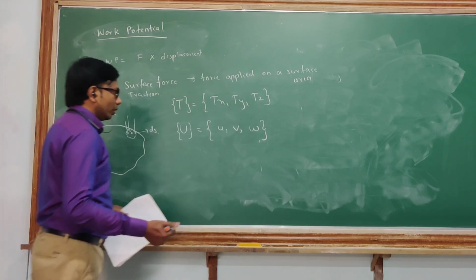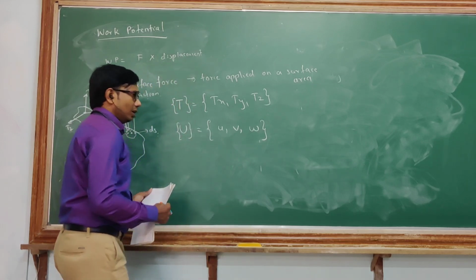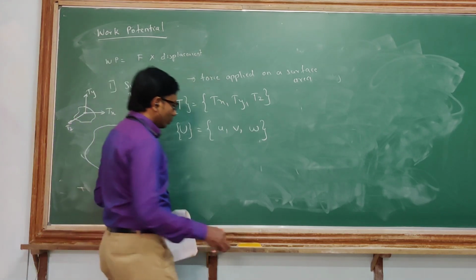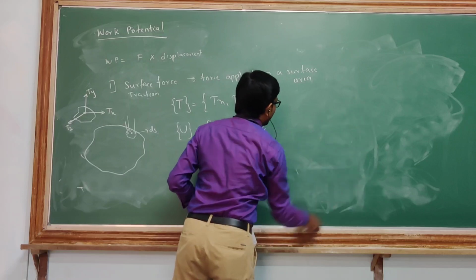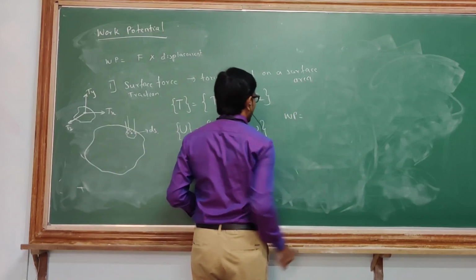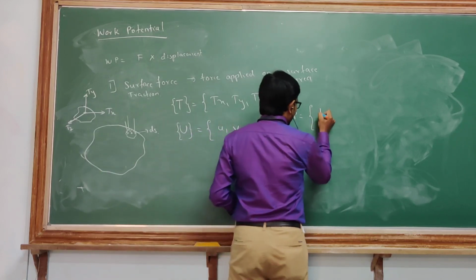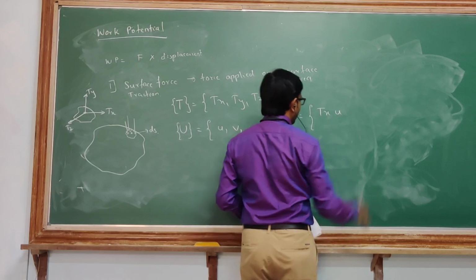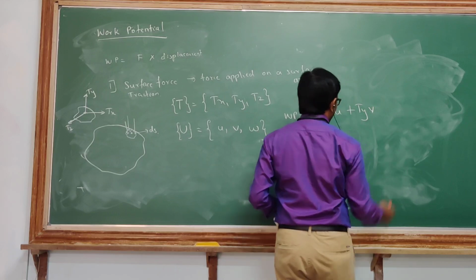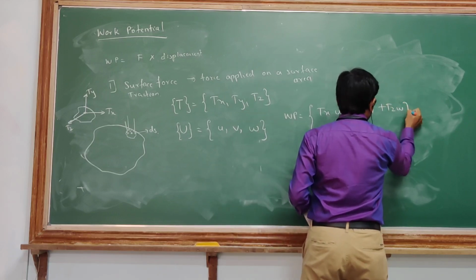Next, I will use the work potential equation. Work potential is nothing but force into displacement. So Tx gives you u displacement, plus Ty gives you v displacement, plus Tz gives you w displacement.